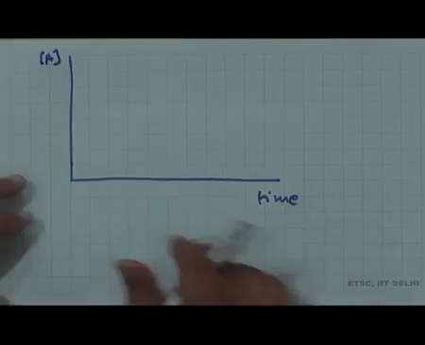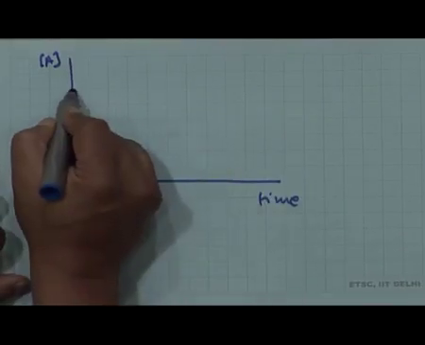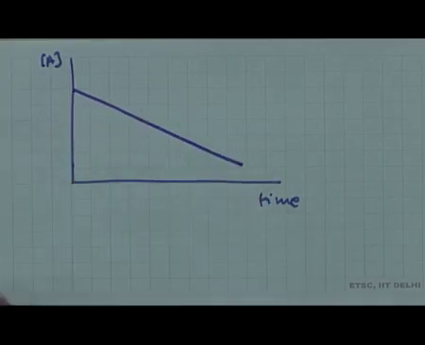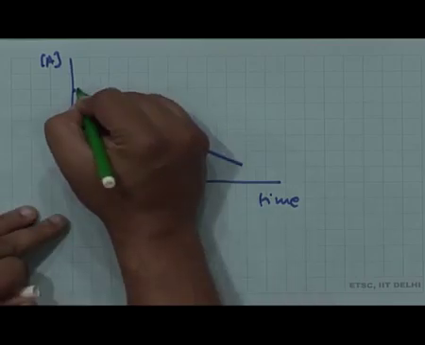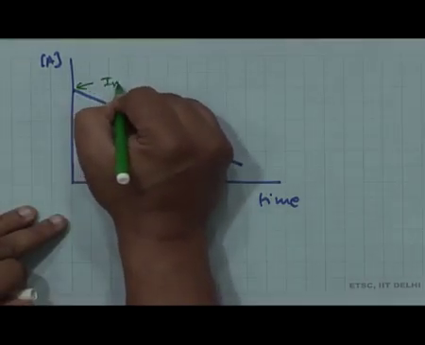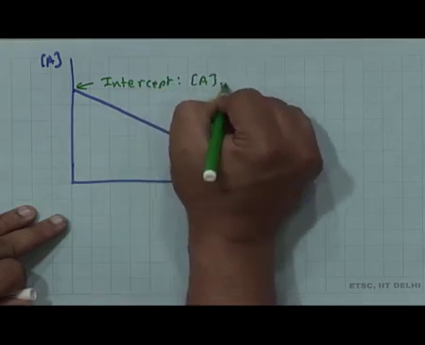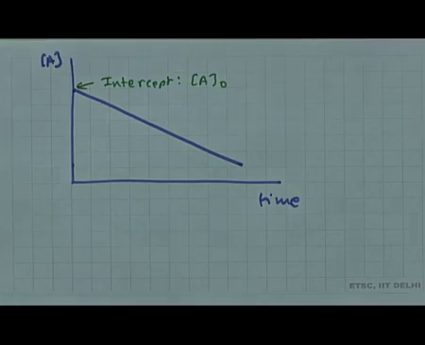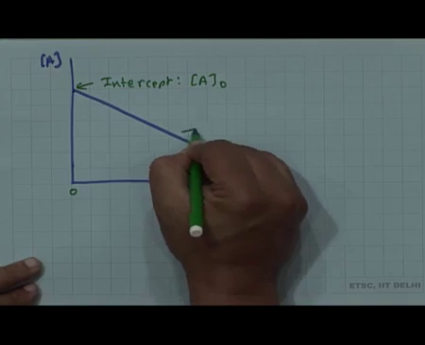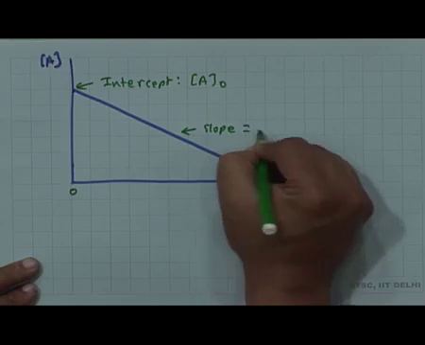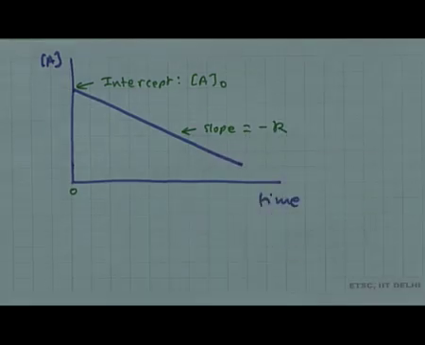So, this would be a straight line, with the significance that this is my intercept, which is my initial concentration A naught, because this corresponds to time t equals 0, and then the slope is equal to minus k based on my equation.